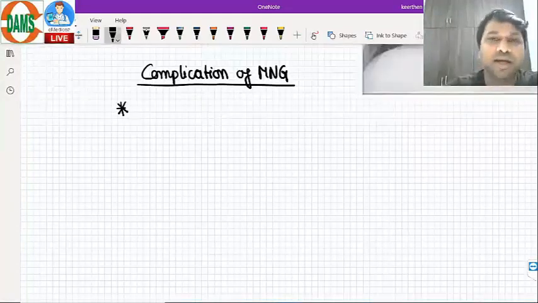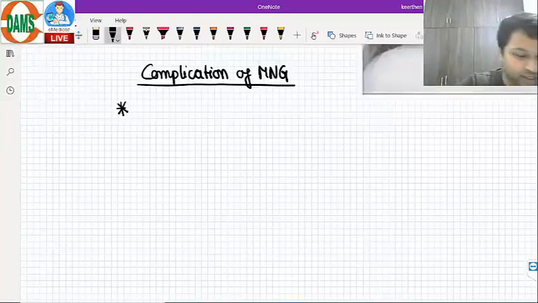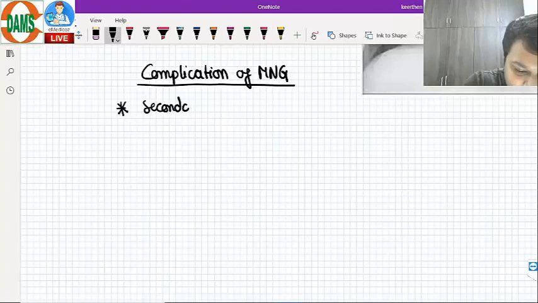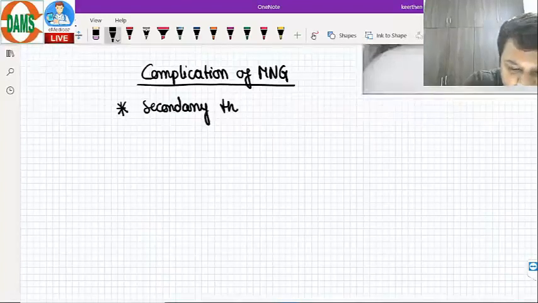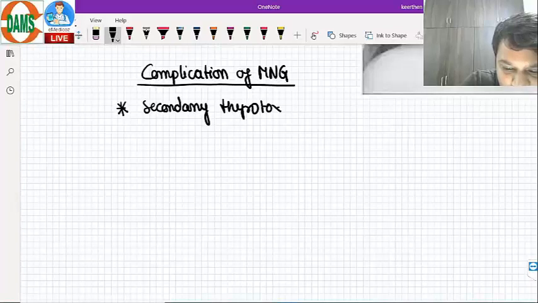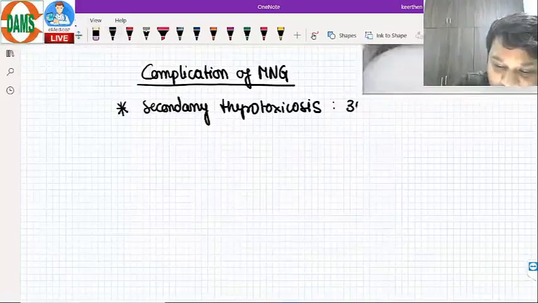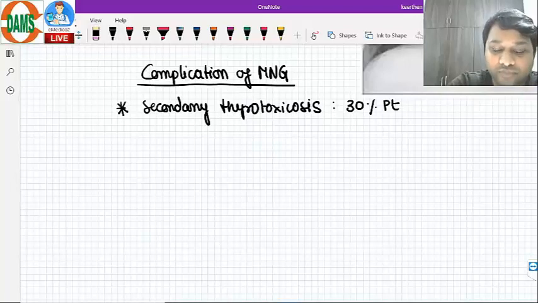We'll discuss it. Because of that autonomic change, they will result in secondary thyrotoxicosis. In fact, as much as 30% of patients with multinodular goiter will land up with secondary thyrotoxicosis.